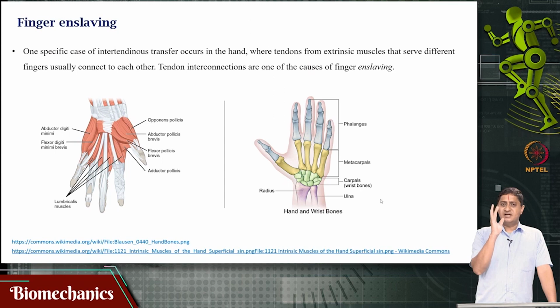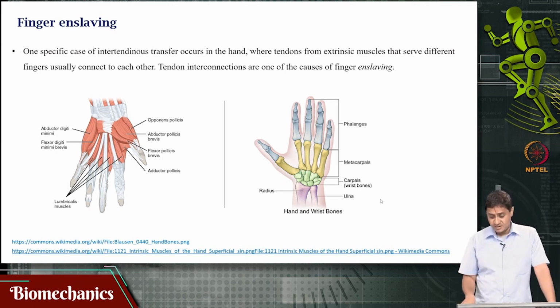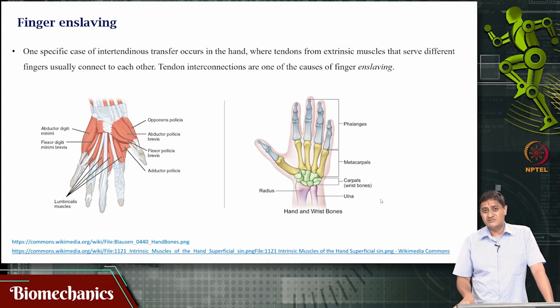What I observe is that the other fingers are also moving, because I am not actively moving them or stopping them. This situation in which when one instructed finger is moving, the other non-instructed fingers are also moving is called enslavement or enslaving. This is also called lack of finger individuation.